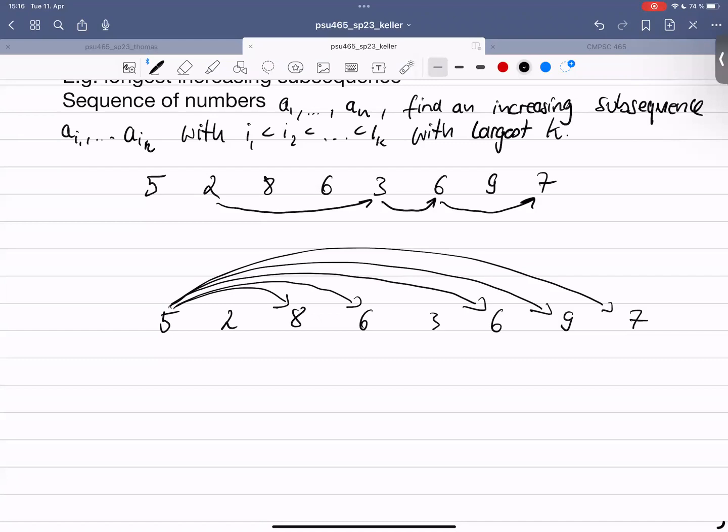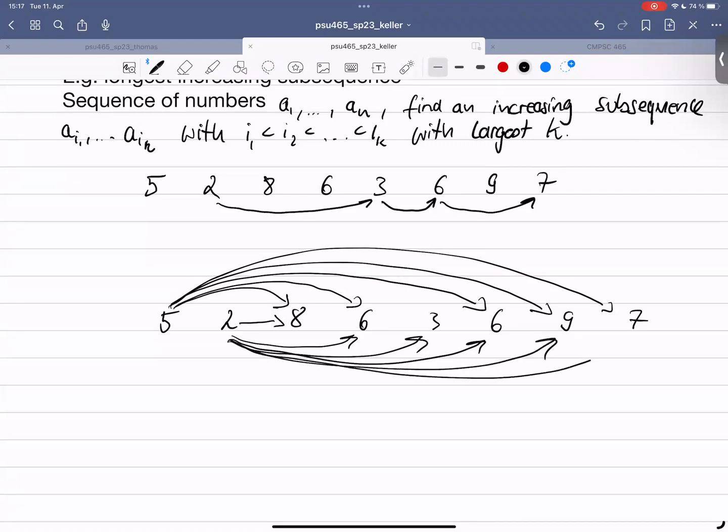If I look at the next element 2, I could go straight to 8, to 6, to 3, 6, 9, 7. So 2 is the smallest number. That's why I can go really everywhere to the right. That's not true for 8. For 8, I can go only to 1 number, namely 9.